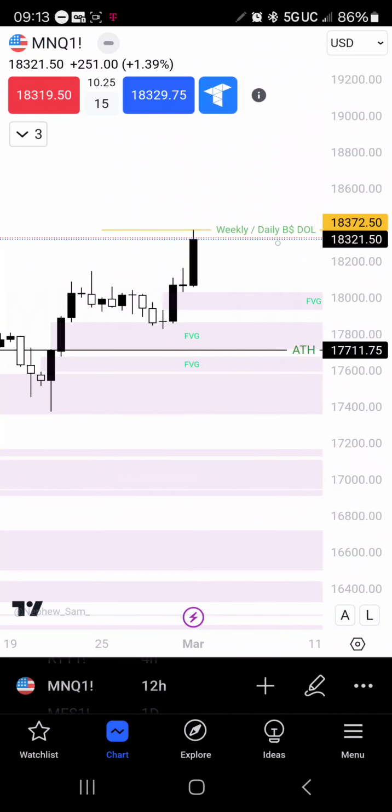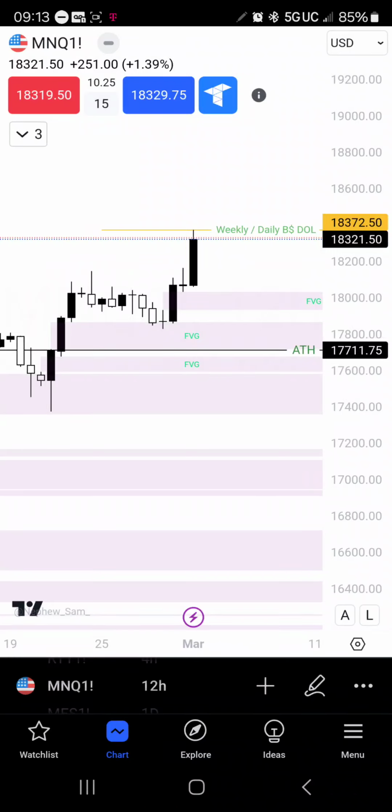So even though I know that my weekly and daily draws on liquidity are buy side, I understand that typically the algorithm will be looking for a discount price, right, before it takes this out. So that's why I drop down through the time frames.